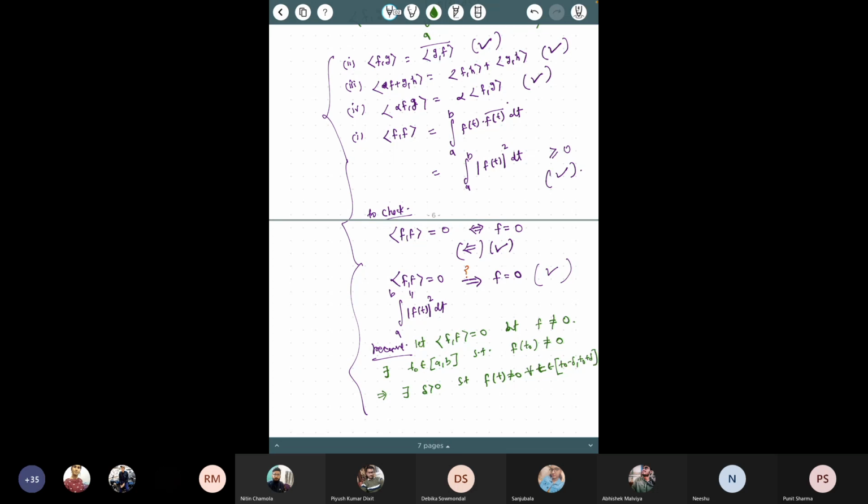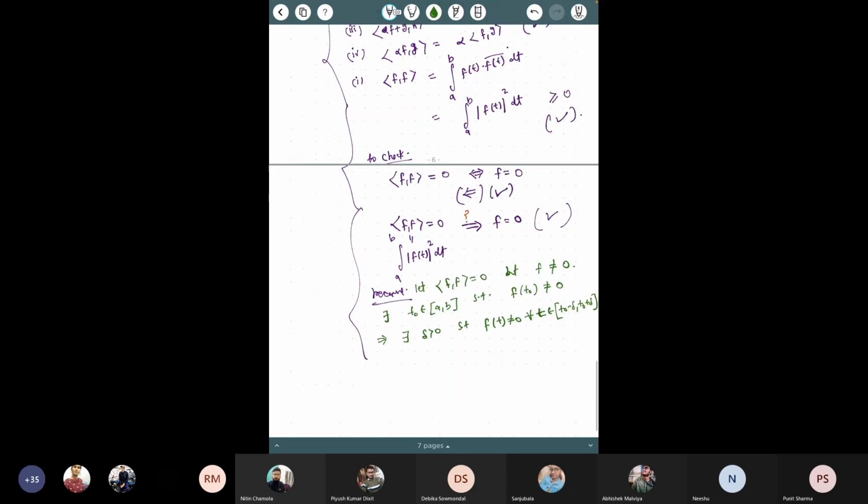because f is continuous. But now if f is not equal to 0 in this interval, then what can you say? If you look at this now, what is this? This is this thing. And this thing is always greater than or equal to the integral from t naught minus delta to t naught plus delta of mod f(t) square dt.